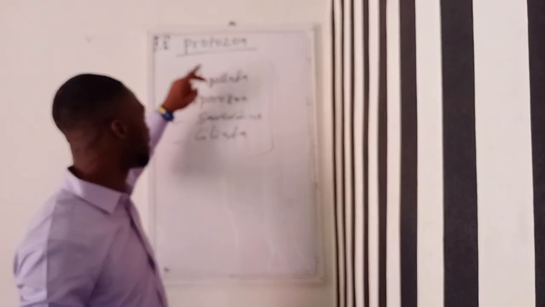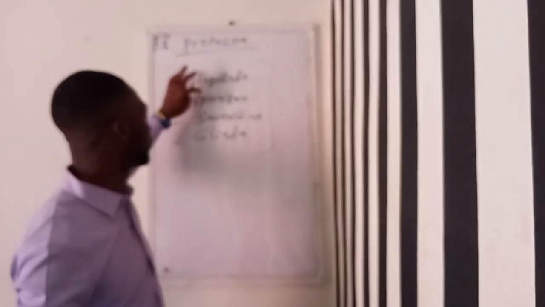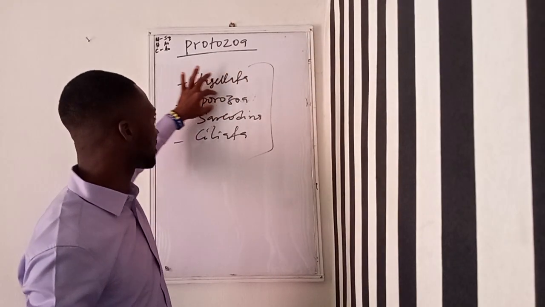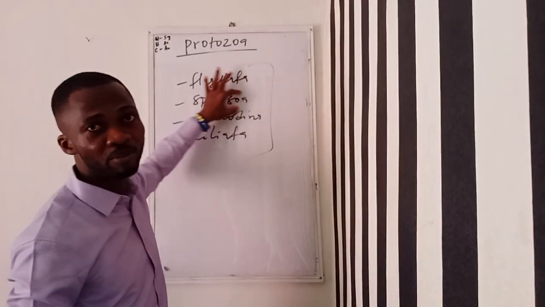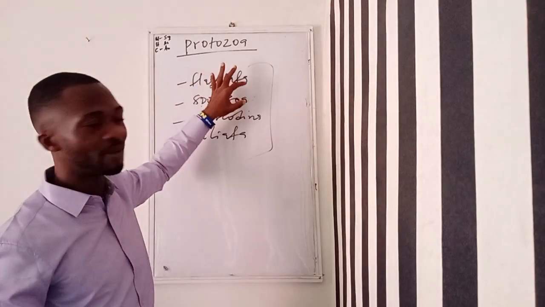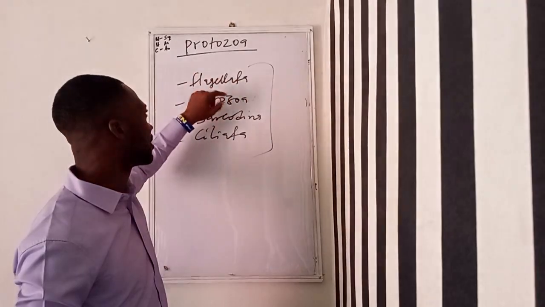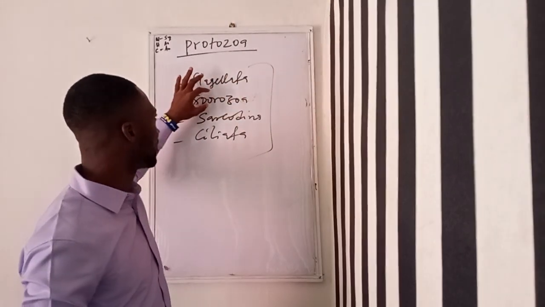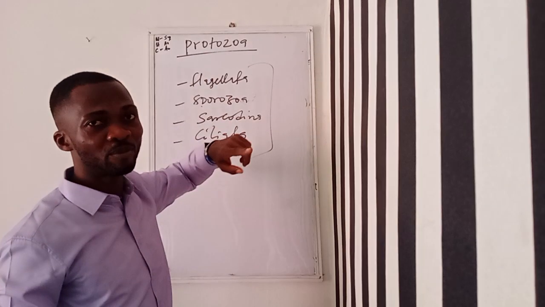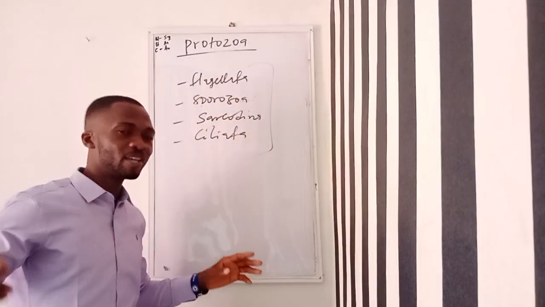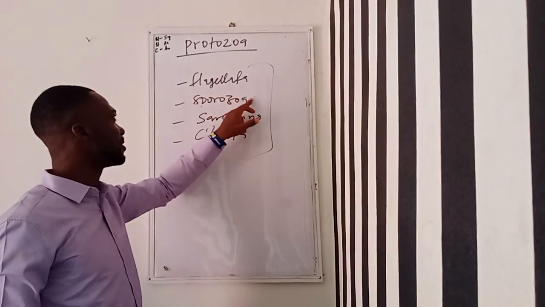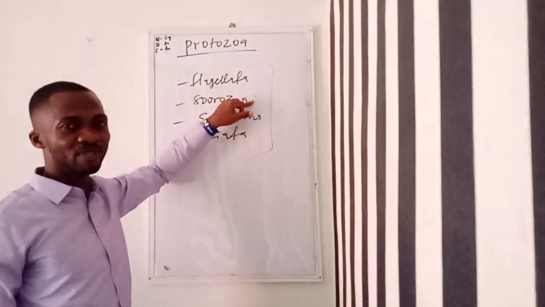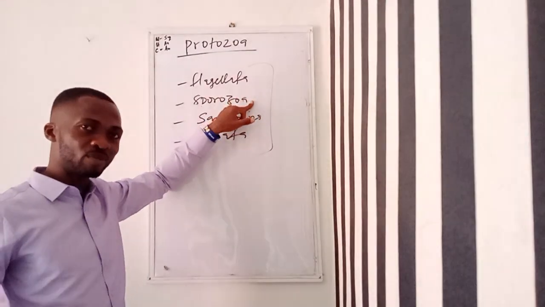Epicomplexia is a subphylum, and it also refers to Sporozoa, which is a class of Plasmodium.